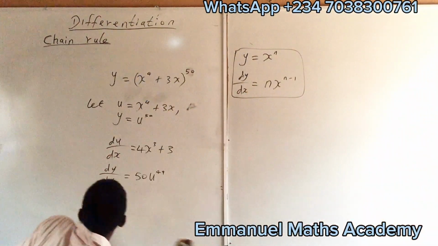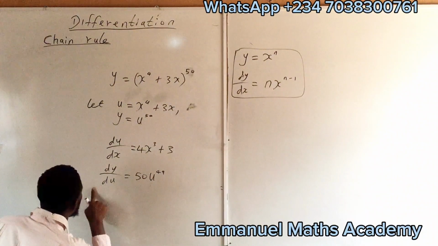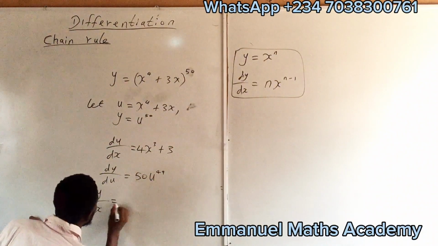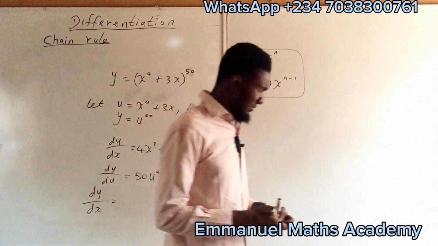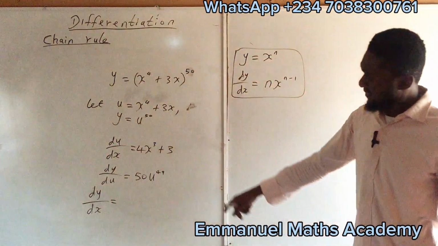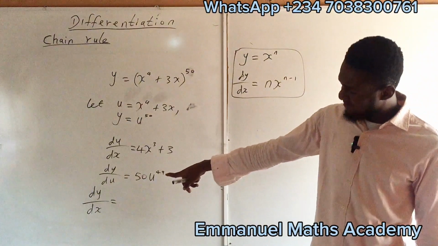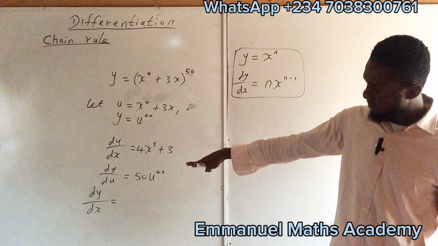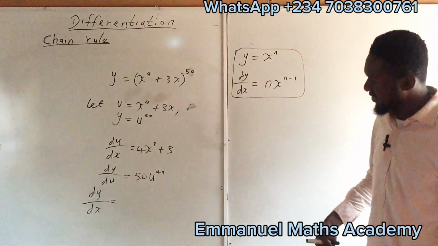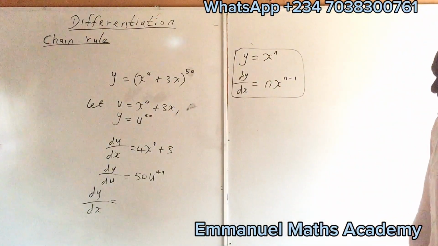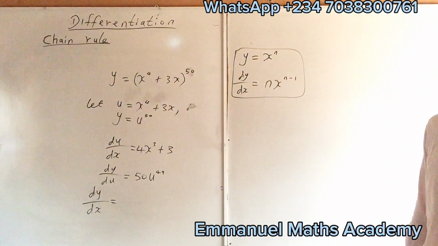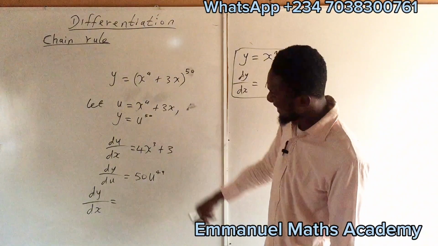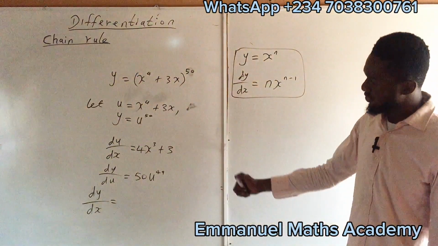Now you have dy dx. Is there any way that we can express this dy dx to add something so that when you decide to remove whatever you add, you still have your dy dx? Can we multiply both the numerator and denominator with du?